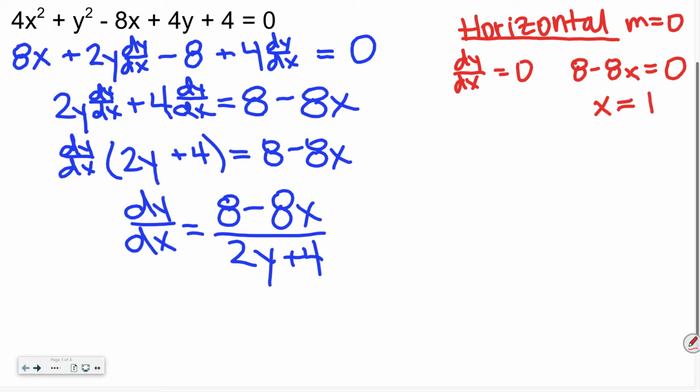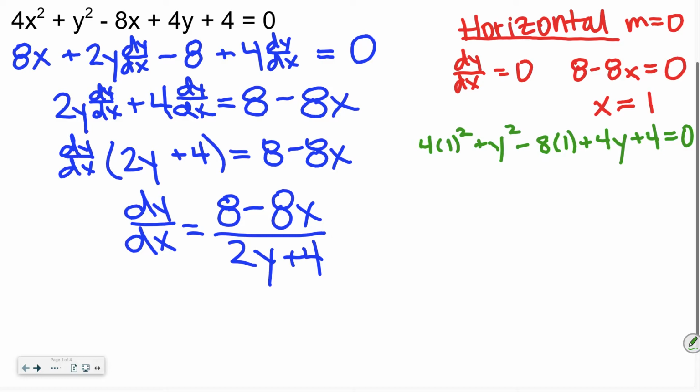Well, what's y? Okay, we need to plug it into the original equation so we know what y is. Not a problem, right? 4x squared plus y squared minus 8x plus 4y plus 4 equals 0. You guys have all taken years of algebra.